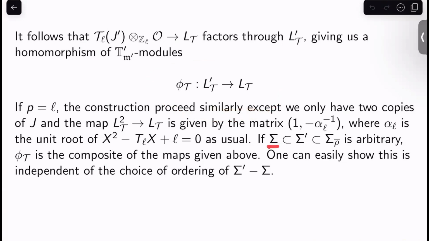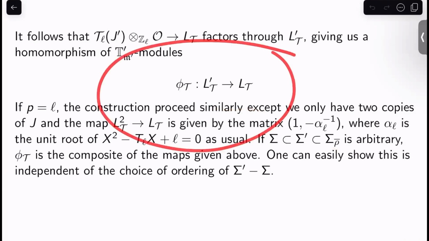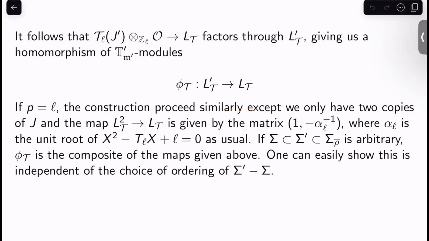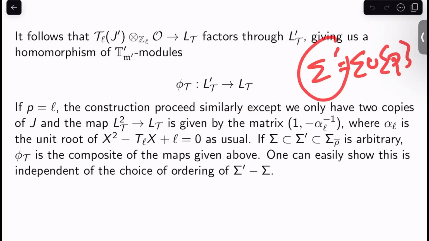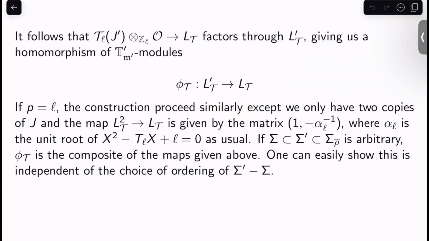If sigma and sigma prime in sigma rho bar is arbitrary, because remember, these constructions really only work if you're assuming that sigma prime is sigma union one other prime p, but sigma prime could have multiple additional primes in it. That's okay. If you have an arbitrary chain of groups, sigma groups like this, then you just define phi sub T to be the composite of the maps given prime by prime as you add 1 prime at a time to sigma.